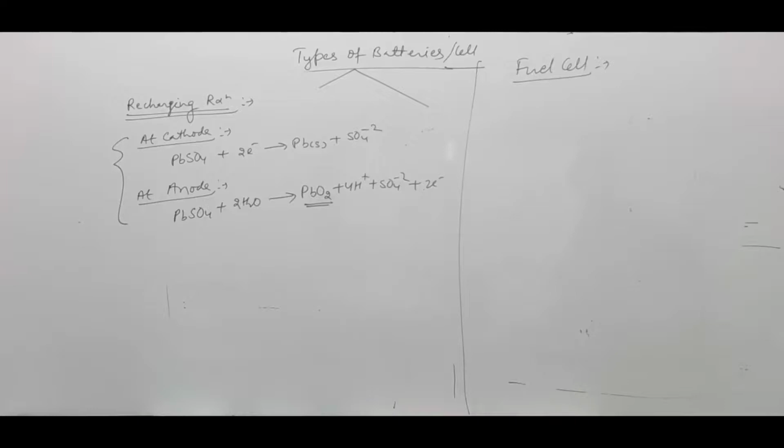It consists of an anode made up of a graphite rod impregnated with finely divided platinum, or palladium, or silver, or nickel.